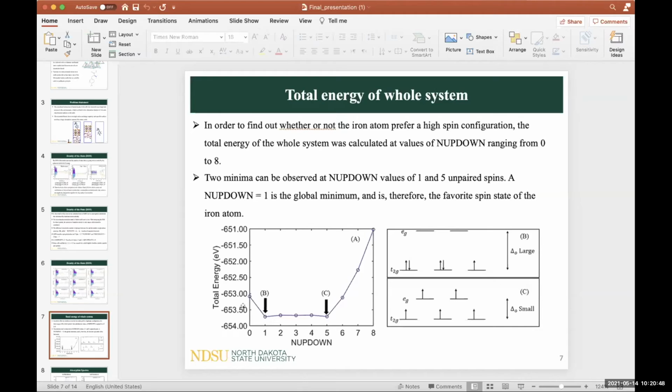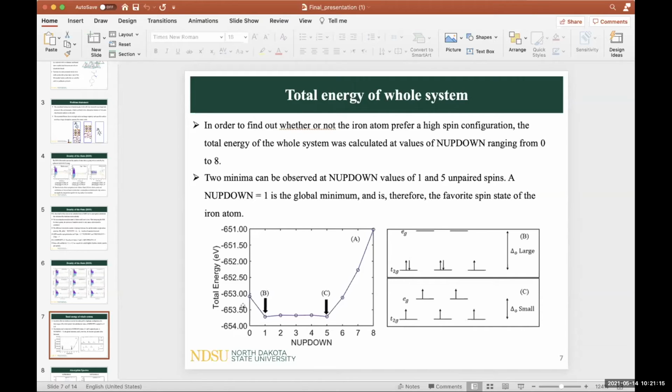I'm glad that you dared to look at the spin state of transition metal, because transition metals are a different animal compared to other elements. So it's good that we had this discussion. Now in the calculation, you can control the high spin or low spin configuration by using the flag N up down, or sometimes you don't have to.